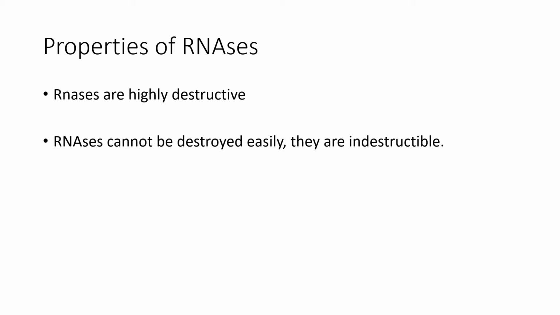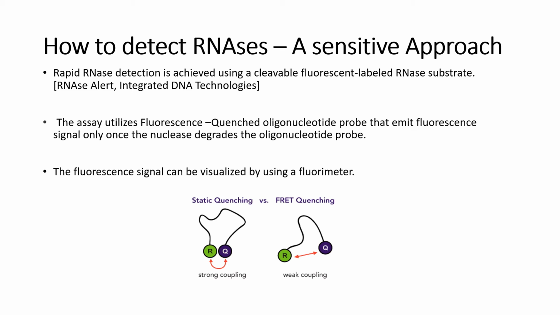But how do we identify the presence of RNase in your lab reagents, the surfaces or even the lab instruments? There is a technique to detect RNase contamination, and it is a sensitive, rapid approach. It's a fluorescence-based approach released by Integrated DNA Technologies.